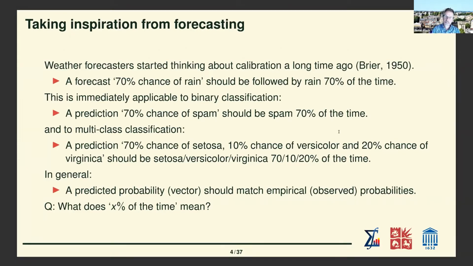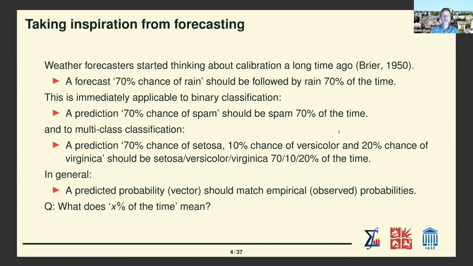Okay, so this is immediately applicable to binary classification. A prediction, 70% chance of spam, should actually be spam 70% of the time, and non-spam, ham, 30% of the time. Or in multi-class classification, here's an iris example. A prediction, 70% chance of setosa, 10% chance of versicolor, and 20% chance of virginica, should see those three categories in 70, 10 and 20% of the time.